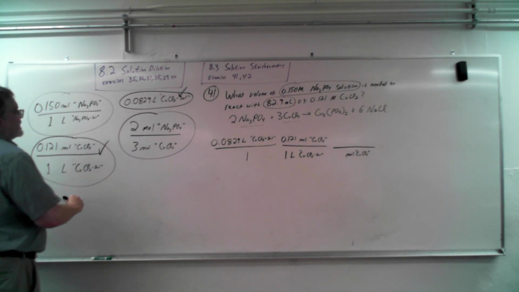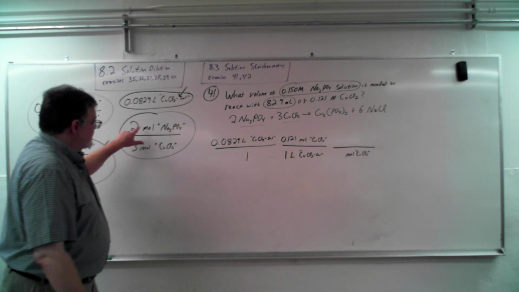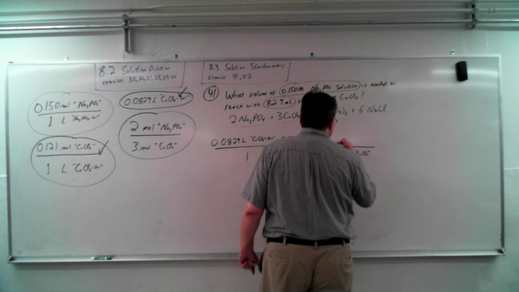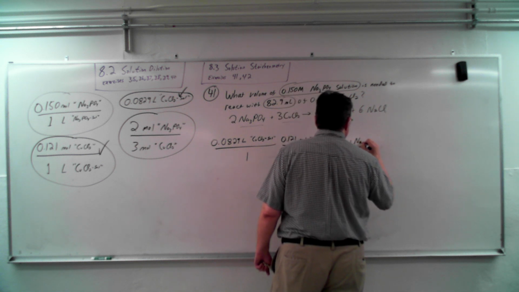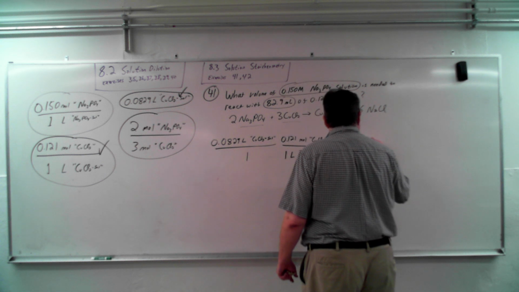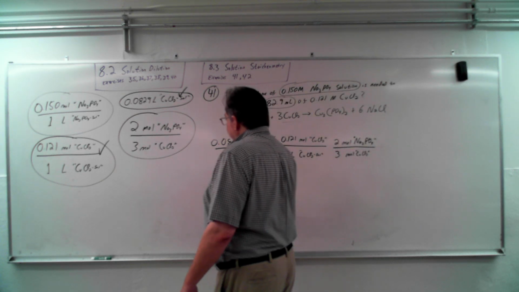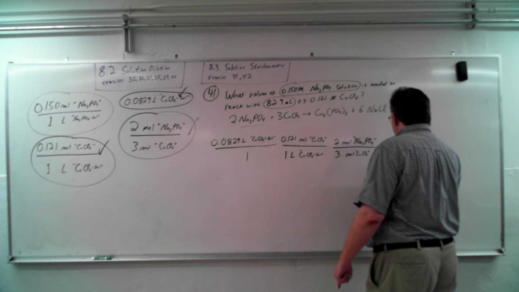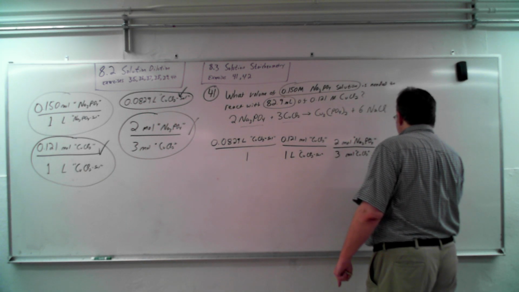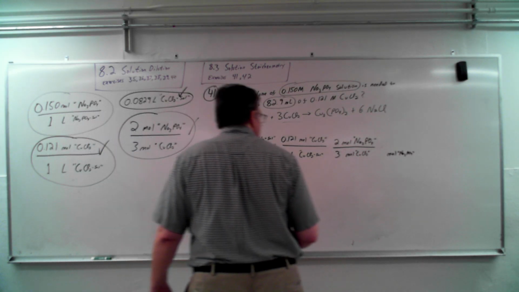The only place you see moles of CuCl2 is here, so it's 3 of this to 2 of the other. Now we're down to moles of Na3PO4 on the bottom. So that's this, 0.150 moles.